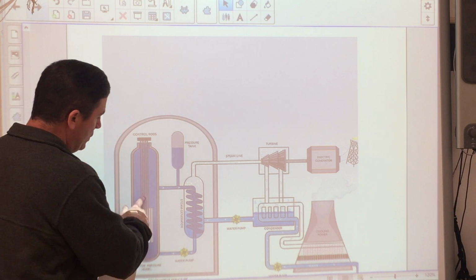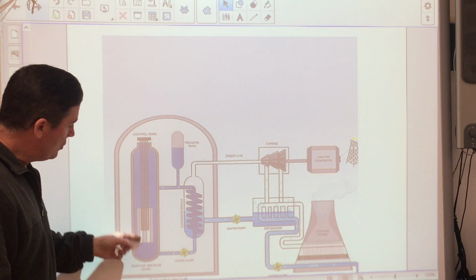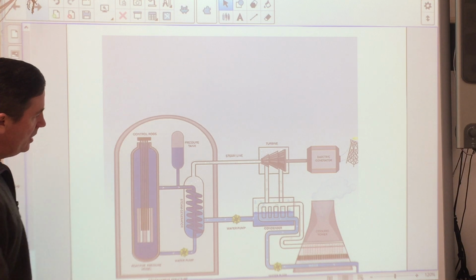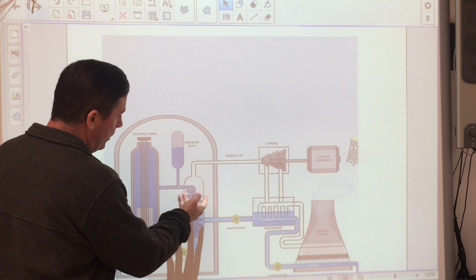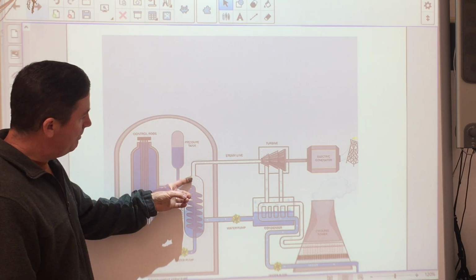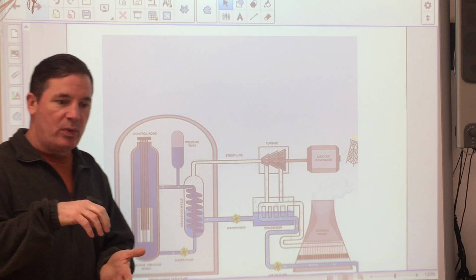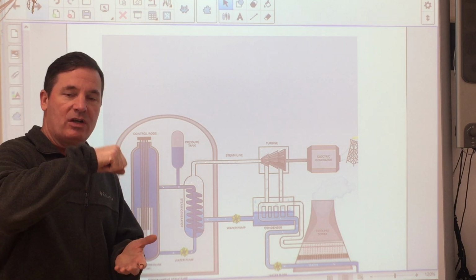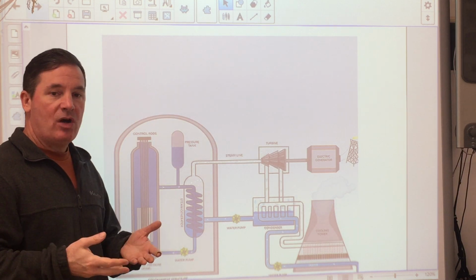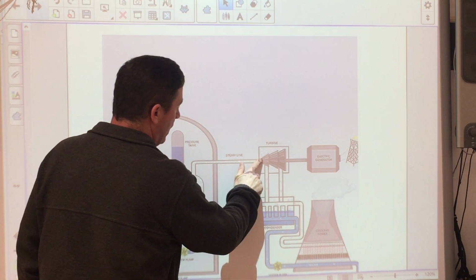Since these give off energy and it's surrounded by water, the water gets heated up to the point where it starts to boil. And when it boils, it produces steam. And you know that if you're boiling a pot of water, the lid starts to come off because an increase in temperature is going to cause an increase in pressure. So this steam is under pressure.